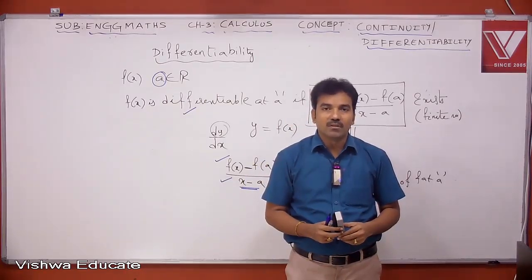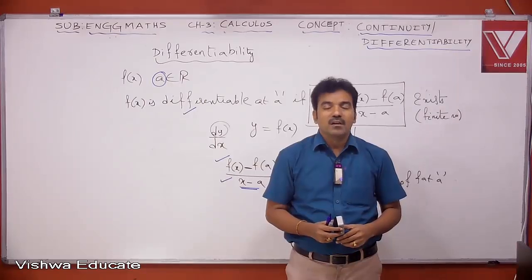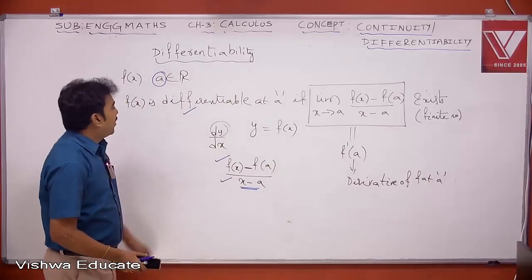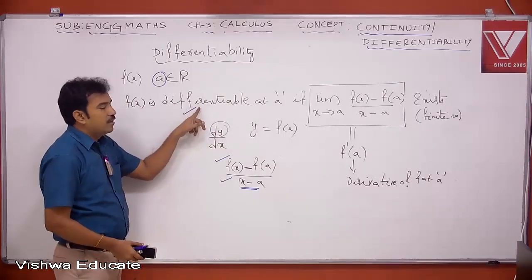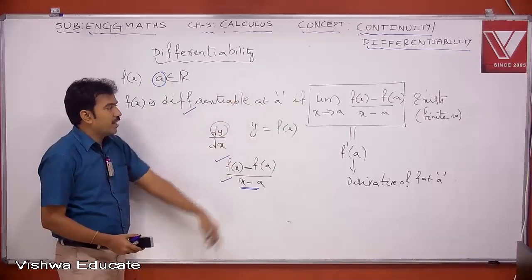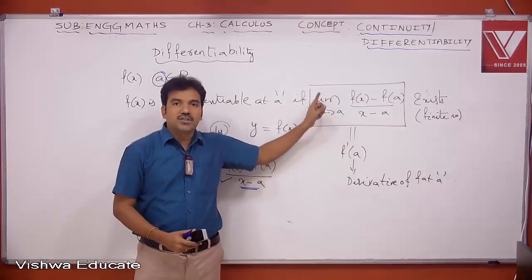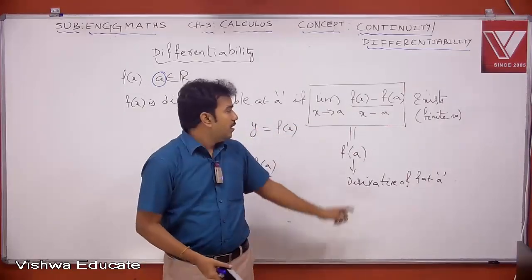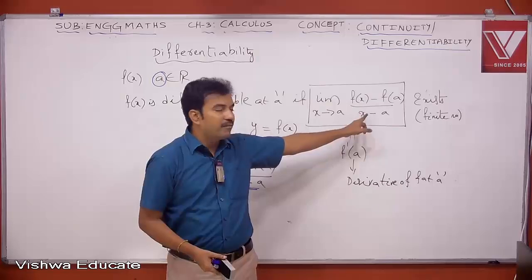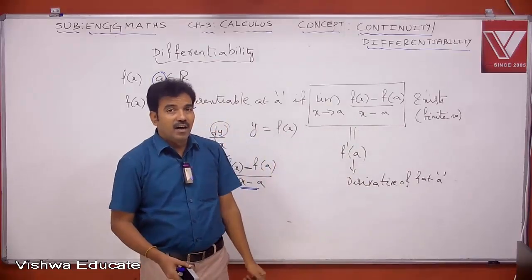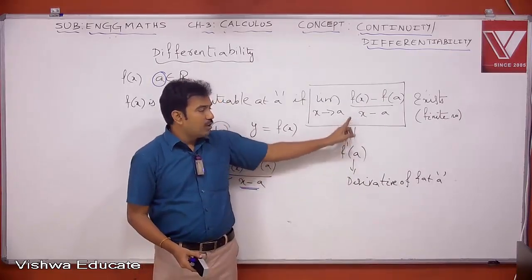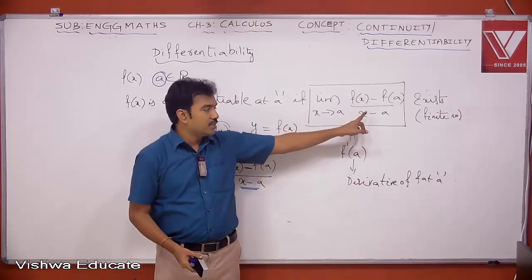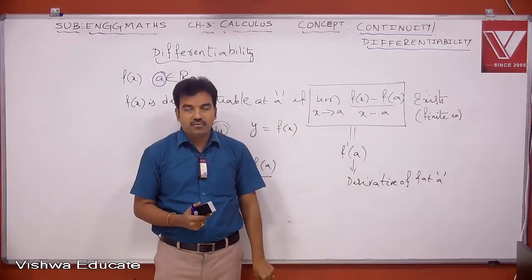We say that f of x is differentiable at a if limit x tends to a, f of x minus f of a by x minus a exists, and f dash of a equals this limit: limit x tends to a, f of x minus f of a by x minus a, right?